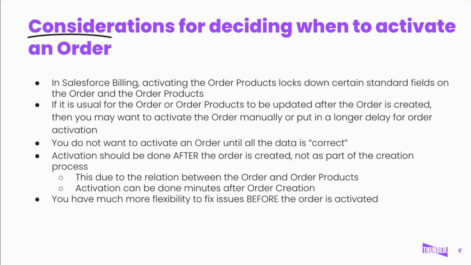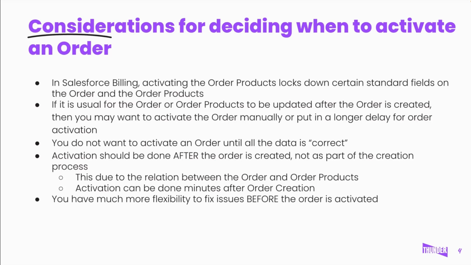So if you have to change the order or order products, those underlying structures, revenue schedules and transactions, won't be updated by any changes you make to the order products. They're created once, and there's no update feature in Salesforce. So that's a big deal.